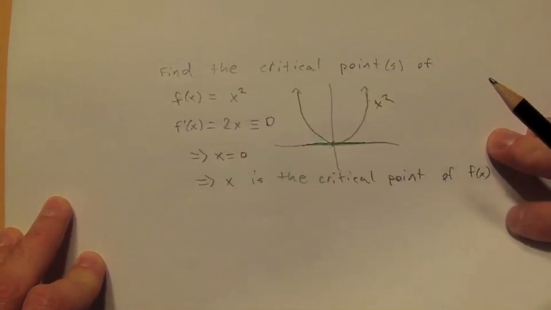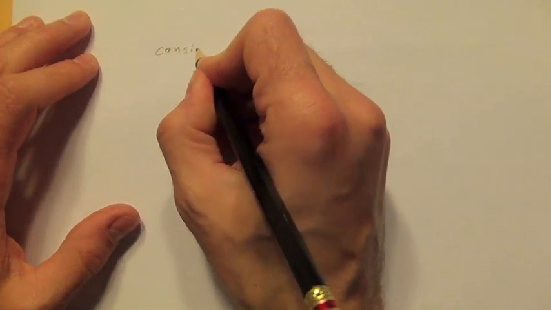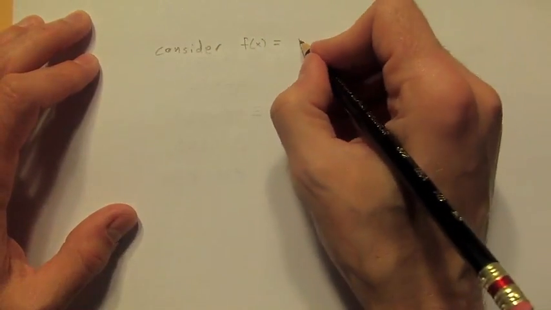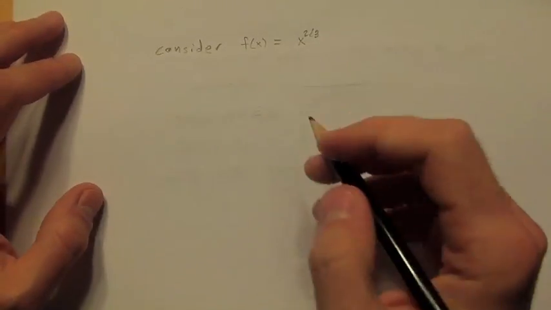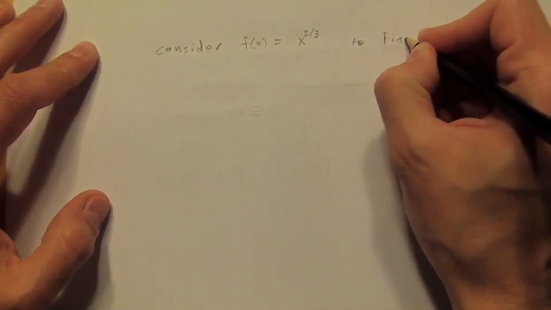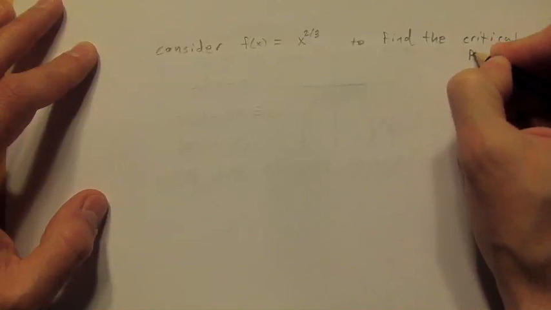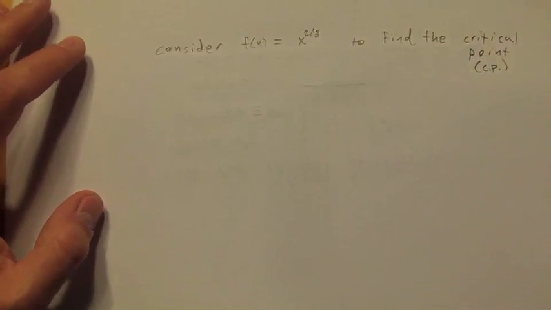To give an example of something where the critical point comes from a place where the derivative doesn't exist, let's consider f of x equals x to the 2/3. If I want to find the critical point, and I hope you don't mind from now on that I start calling these CP, just because we're going to use this a lot.